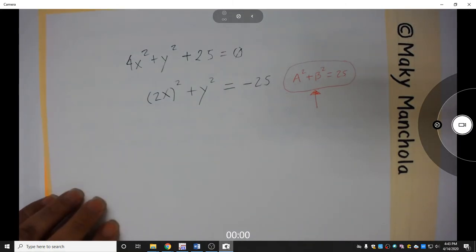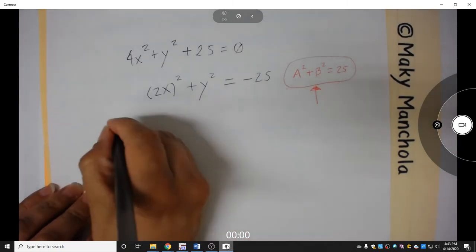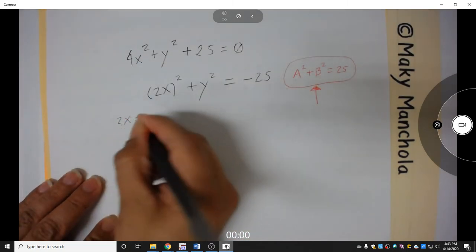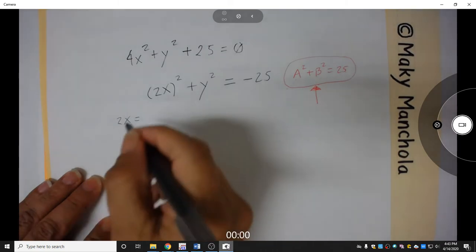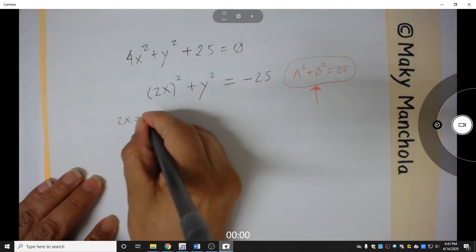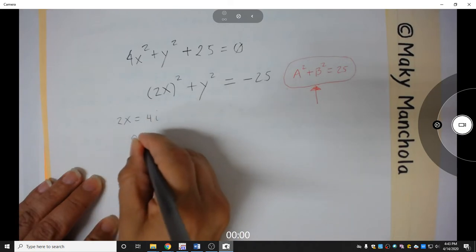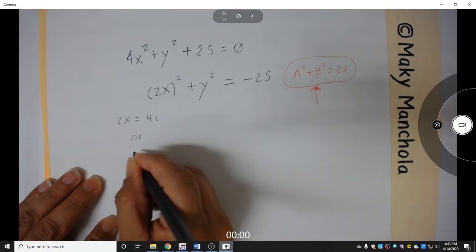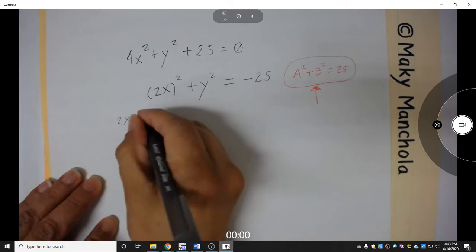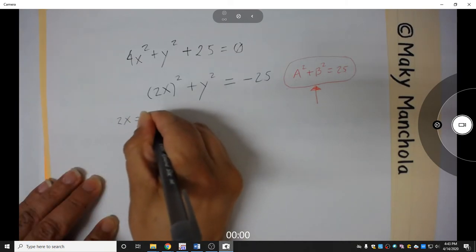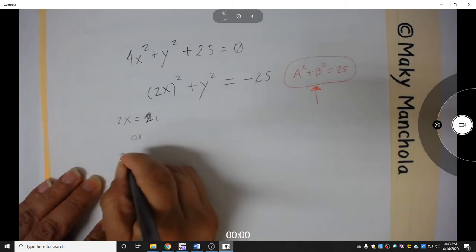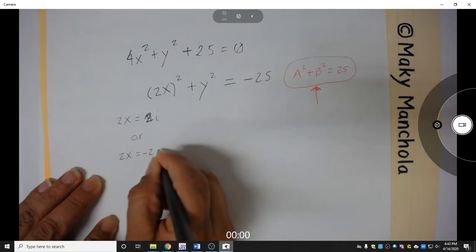So let's think of all possible combinations. 2x will have to be 2i, or it would have to be -2i.